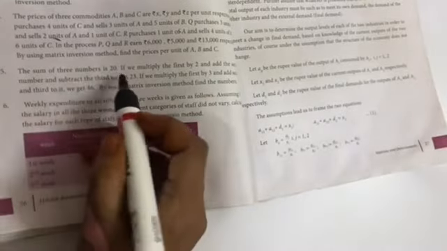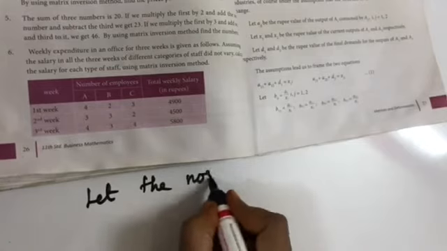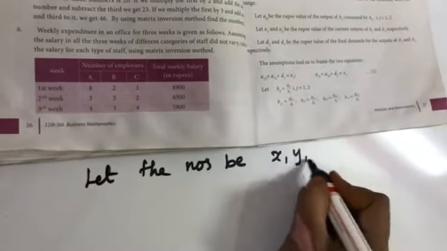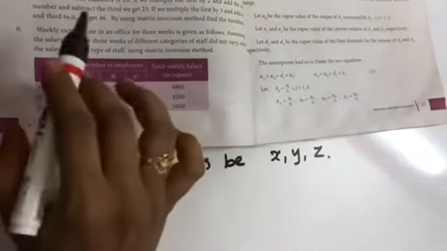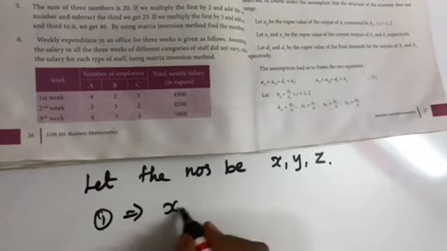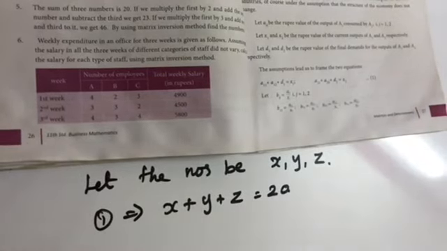The first point is that the sum of three numbers is 20. Let the numbers be x, y and z. So the first equation is x plus y plus z equals 20.